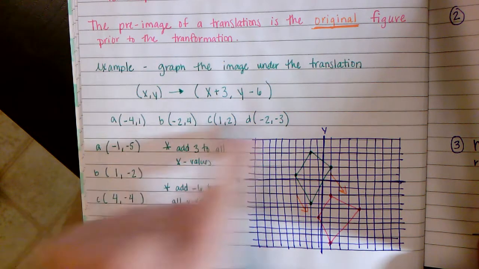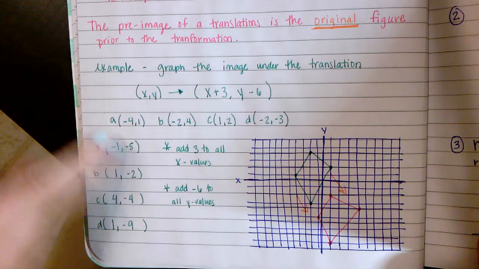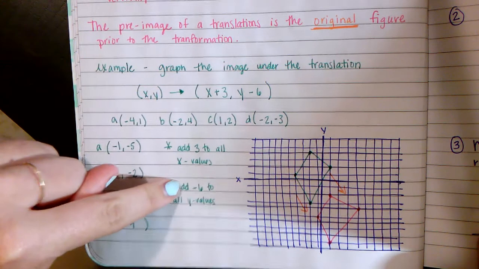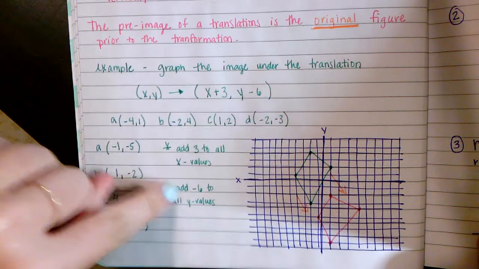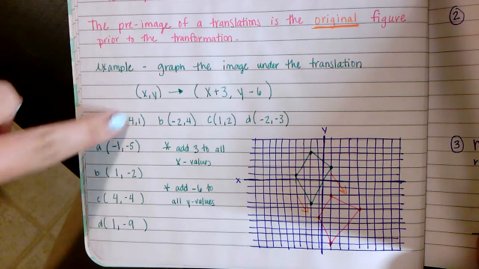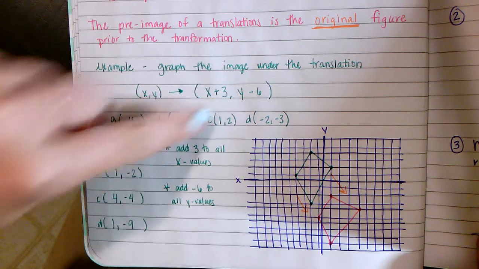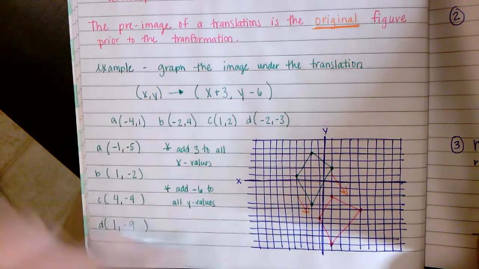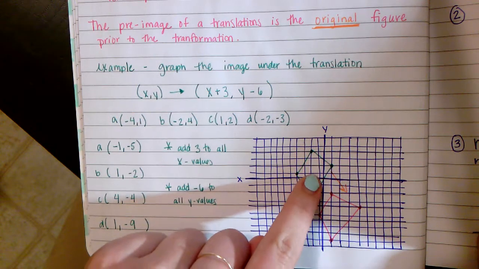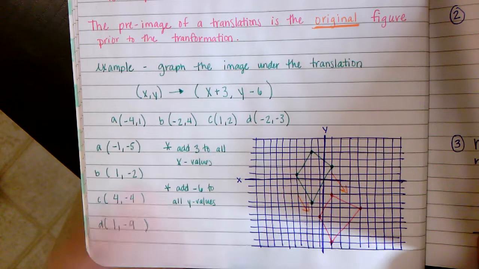So we took all of these points here and we plotted them. And then we added 3 to the x's and subtracted 6 from the y's, and we got these new values. So from here to here, here to here, here to here, and here to here. And you can see it on the graph. It shifted to the right and down, which makes sense.